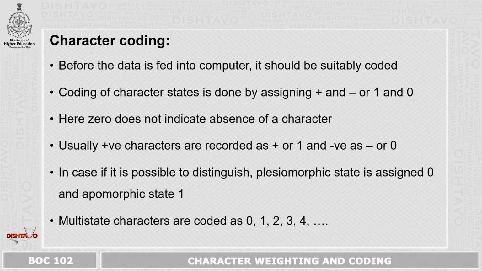Usually positive characters are recorded as plus or 1 and negative characters as 0 or minus. If it is possible to distinguish, we have to try to find out which is the plesiomorphic character and which is the apomorphic character. I will come to these two terms in the next slide. Multi-state characters are coded as 0, 1, 2, 3, 4.